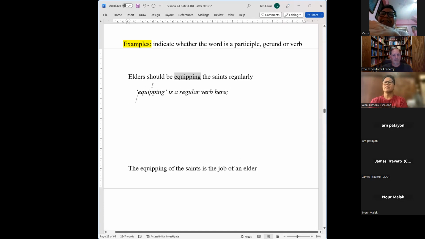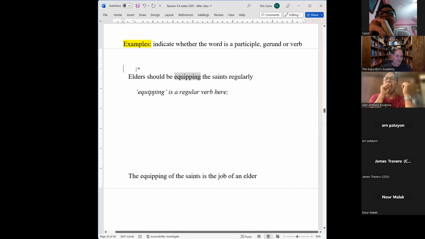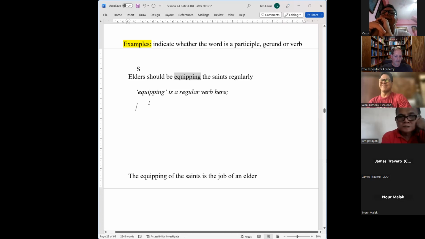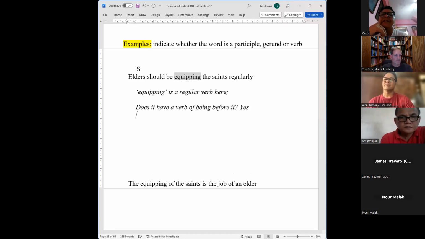Remember those two questions? A subject, elders. Yes, it has a subject, doesn't it? And notice that there is the word should be, a verb of being. Do you see that? Does it have a verb of being before it? Yes. Does it have a subject? Yes, elders.